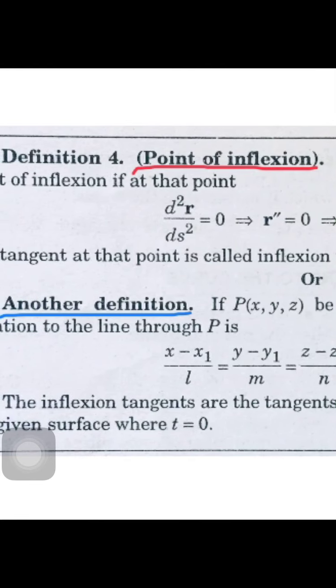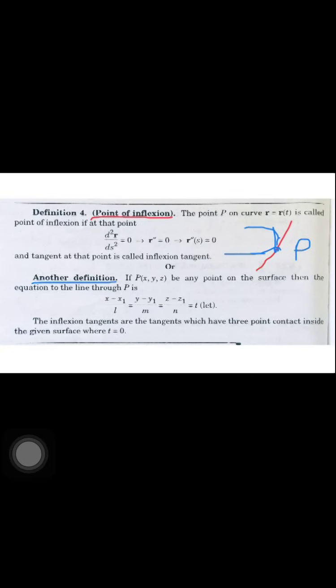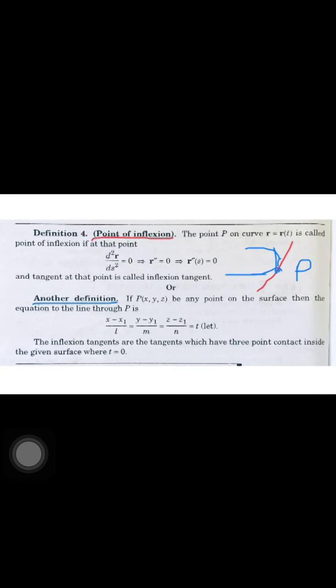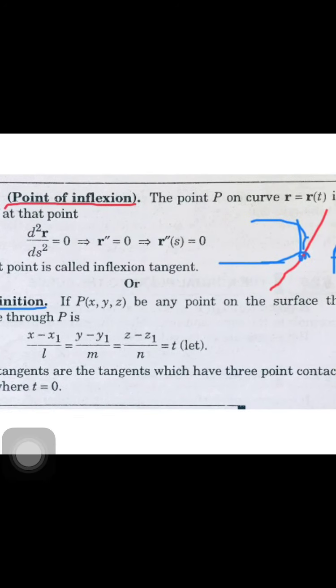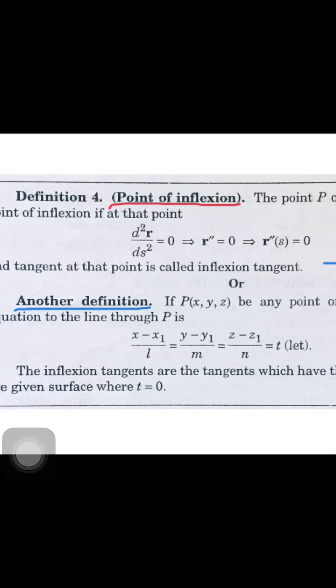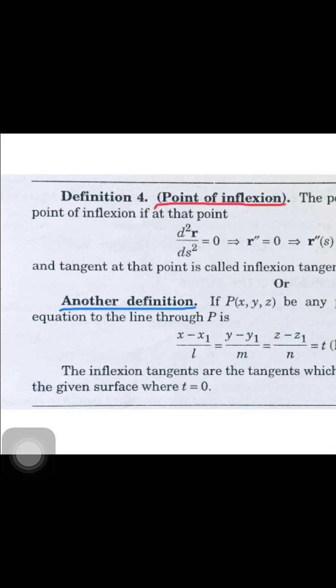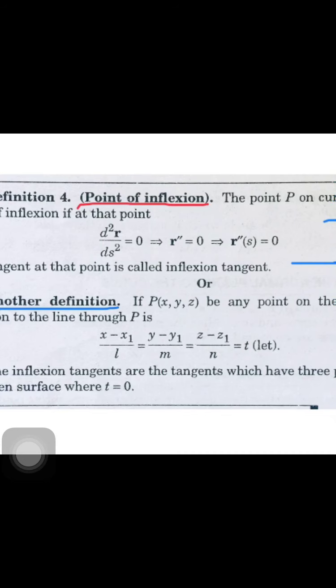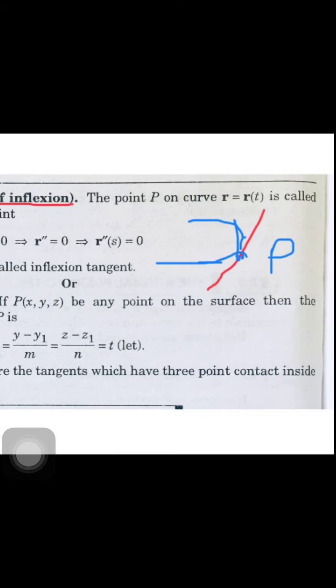Now if we have a Cartesian coordinate system, then if (x1, y1, z1) is any point on the surface, the equation of the line through P is x minus x1 over l equals y minus y1 over m equals z minus z1 over n is equal to t. The inflectional tangents are the tangents which have 3-point contact.